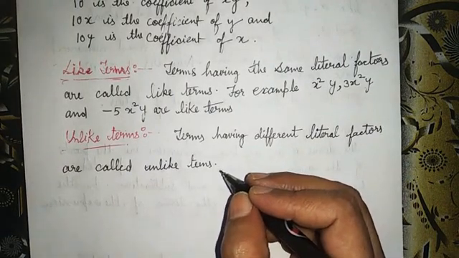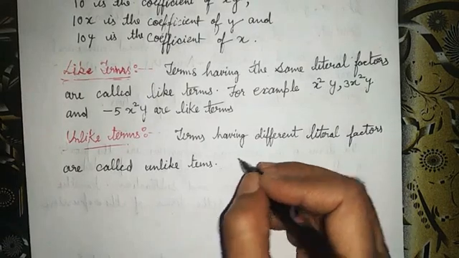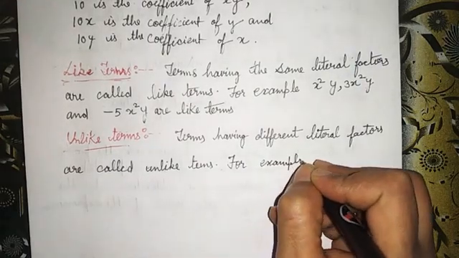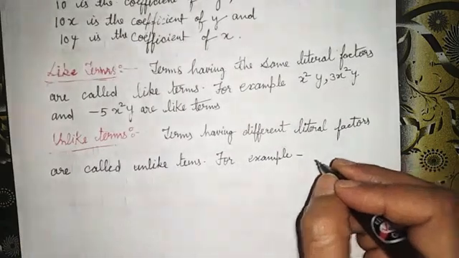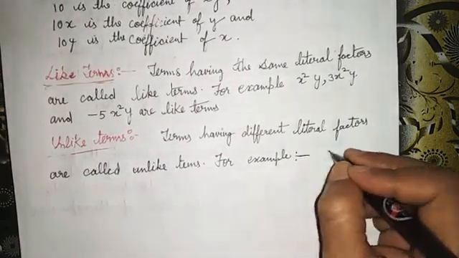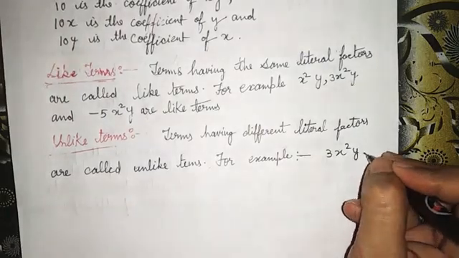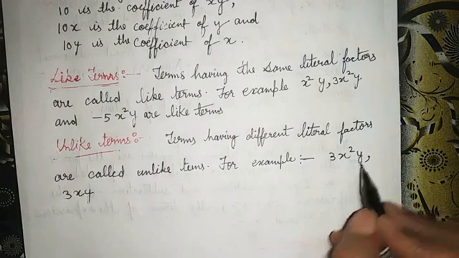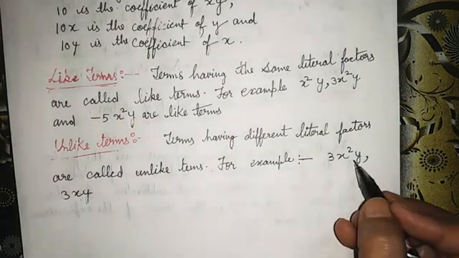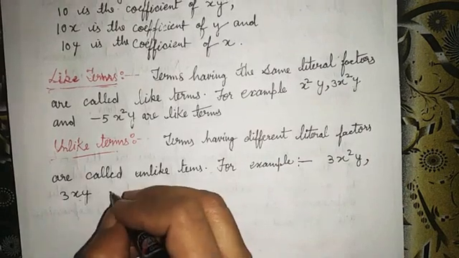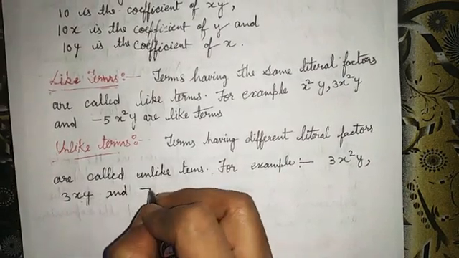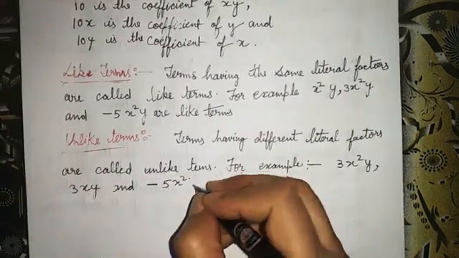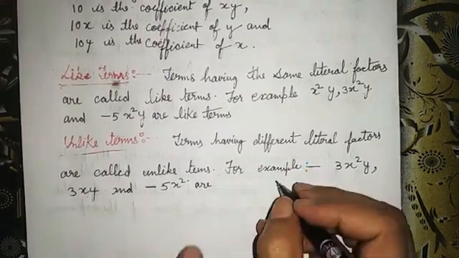Children, for this also I am giving you an example. For example, 3x square y, 3xy and minus 5x square are unlike terms.